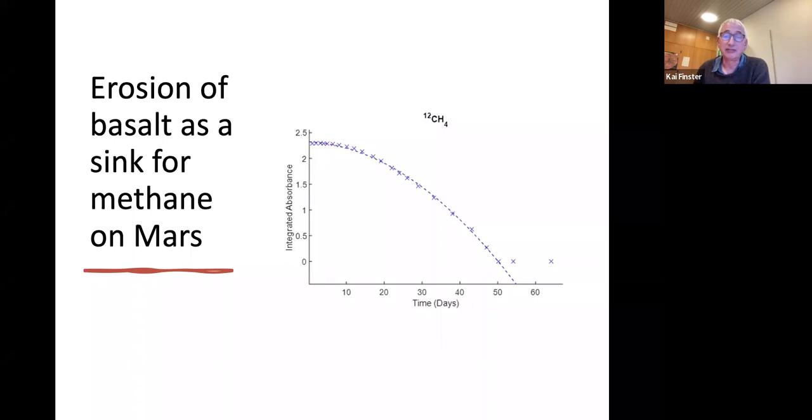quartz. You can see here from the shape of the curve that it takes some time before the process starts. And we think that the basalt that we have added to the quartz tube erodes, removes the quartz from the tube, mixes it into the basalt, and then it's the quartz that actually is the reactive agent removing the methane.